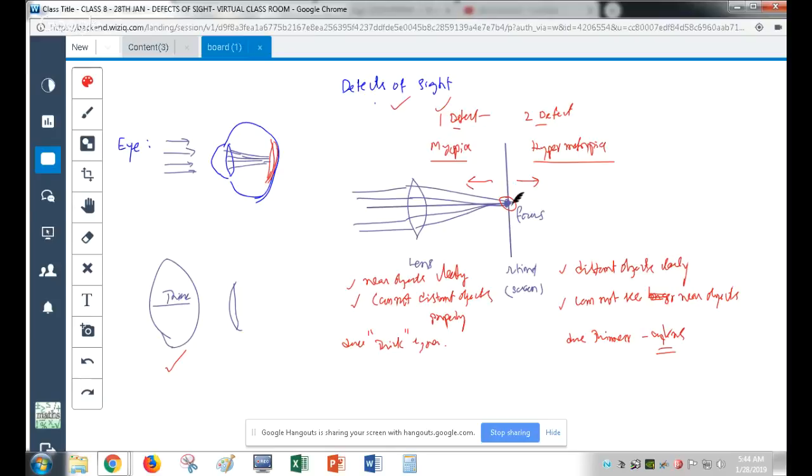That means in this the focus will be here, in this the focus will be before. So these are the two defects.